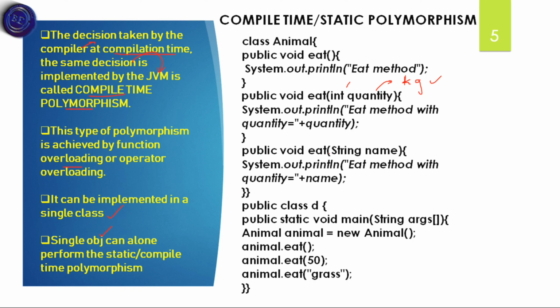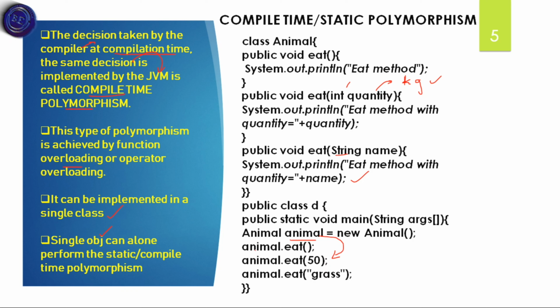And here I created another method which is a string type. System.out.println eat method with quantity plus name. So the name of the food which is eaten by the animal is printed here. Here I am creating a single object named animal, and by using that single object I am giving the inputs to each method.